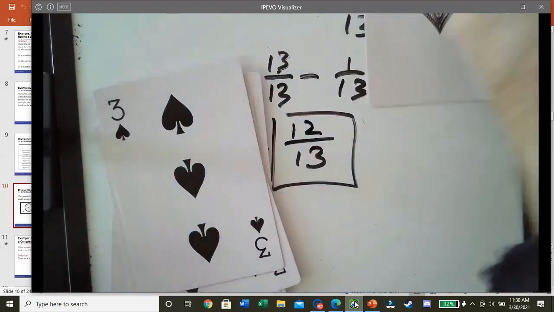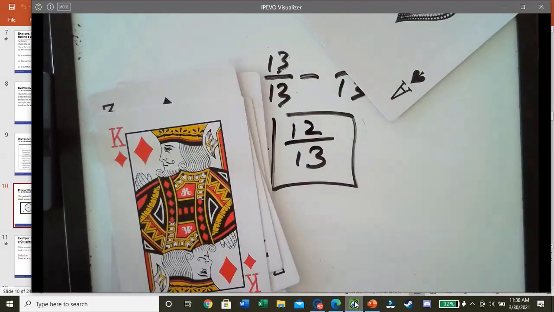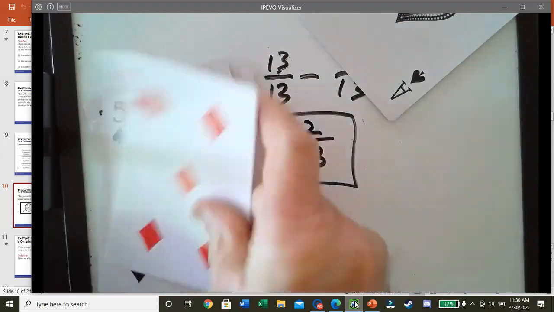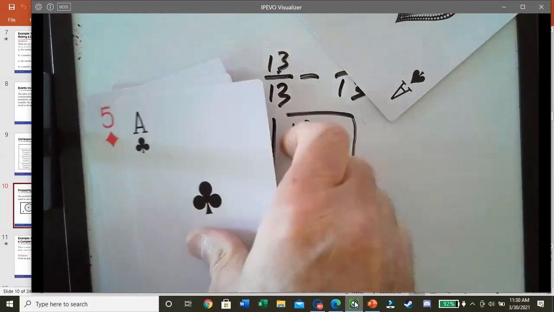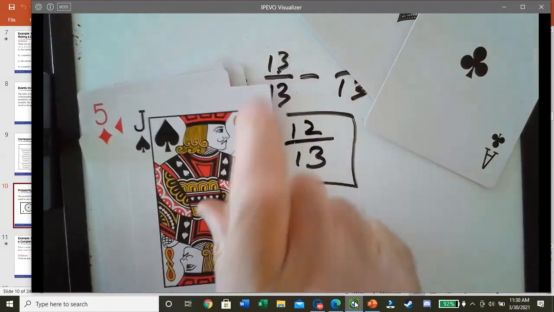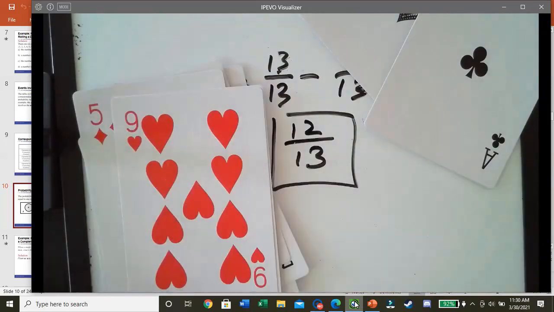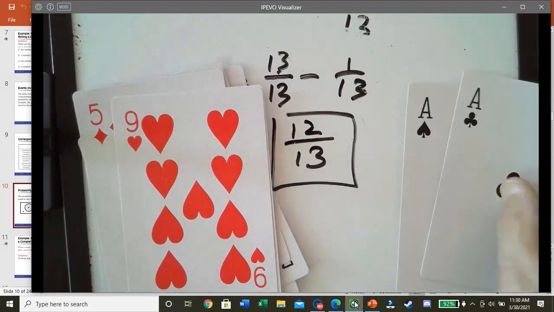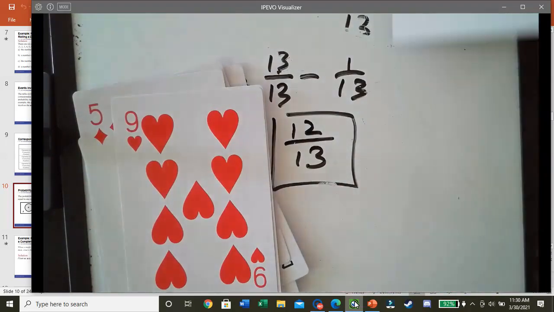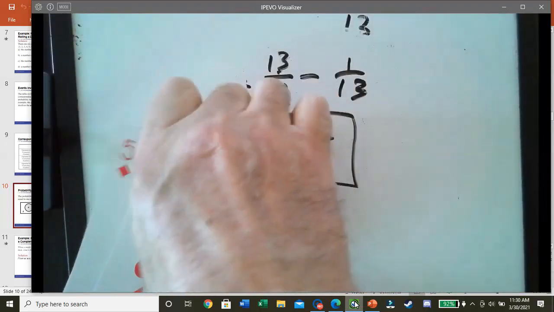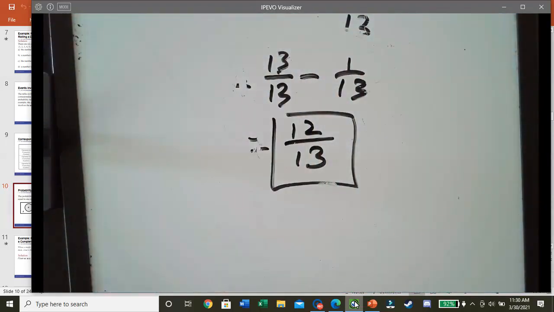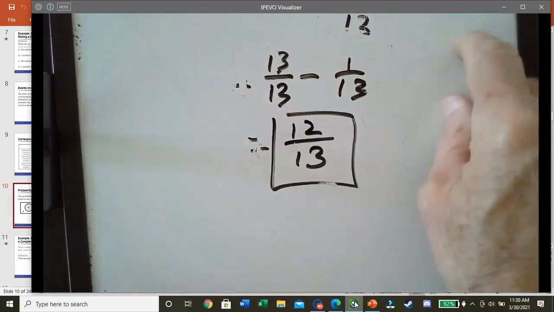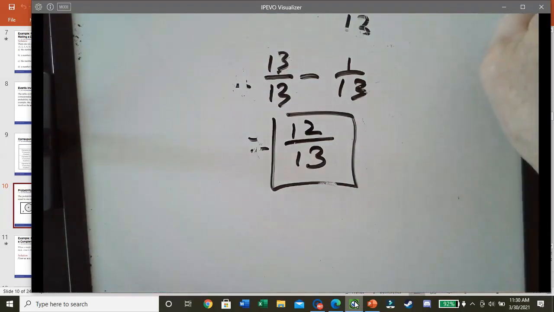Well, there's 1. 8, 9, 10, 11. Well, there's 2. 12, 13. Okay, so we were able to get 2 out of 13, right? So that means that on the next, if we drew 13 cards again, the chances are less likely that we'll draw any ace because we drew 2 of them this time.